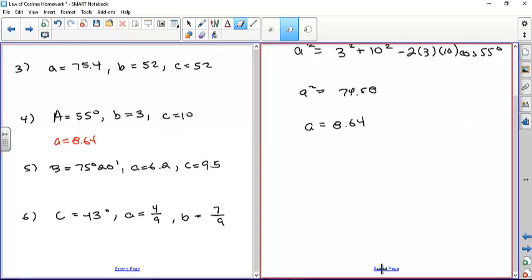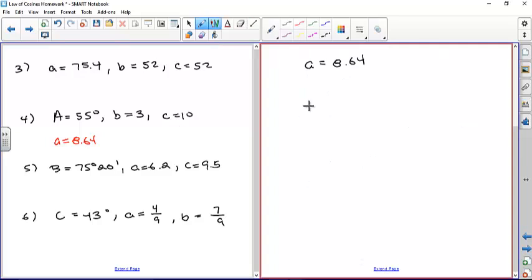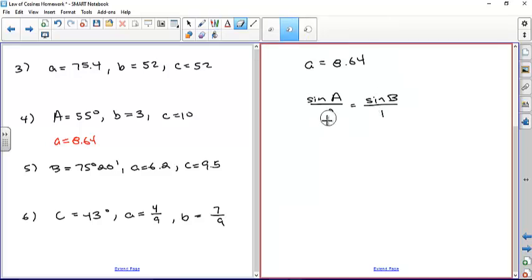Let's just use the law of sines. We haven't used that for a while. So that would be the sine of A over A is equal to the sine of B over B. And I should use a lowercase here because those are the lengths for the sides.